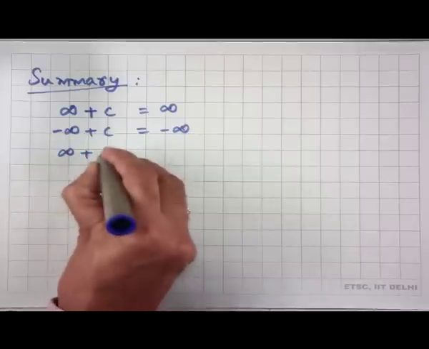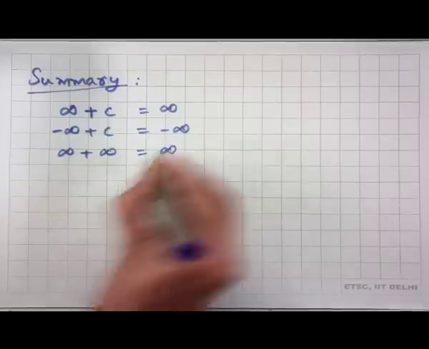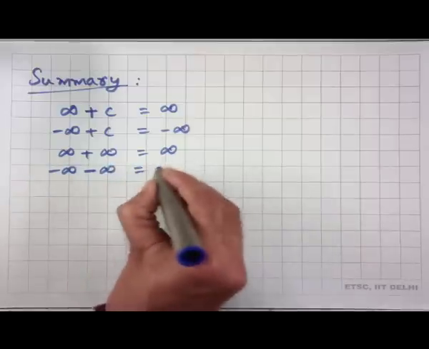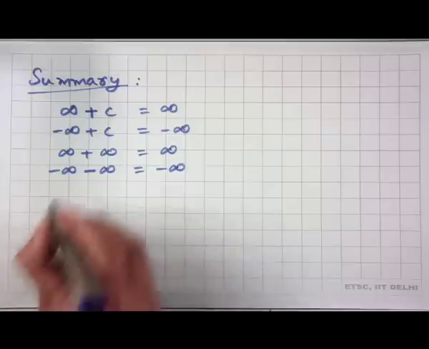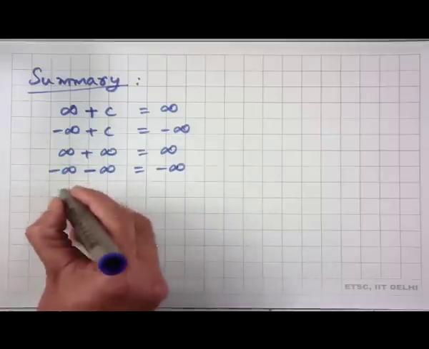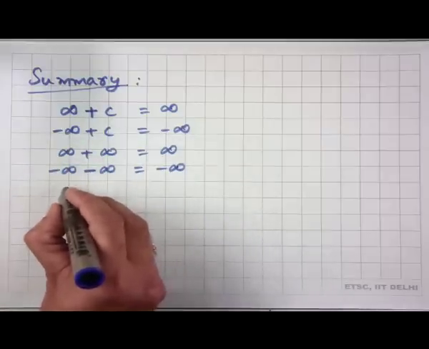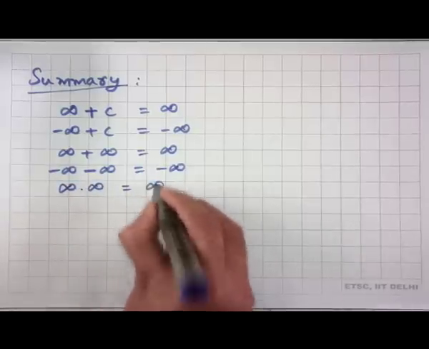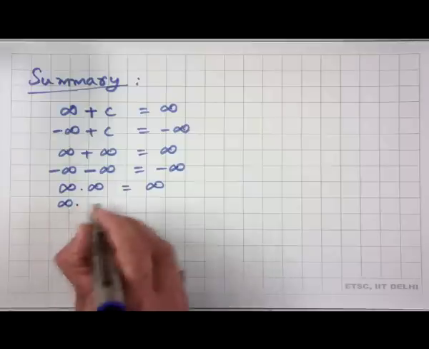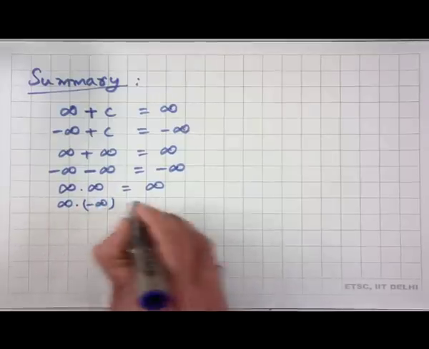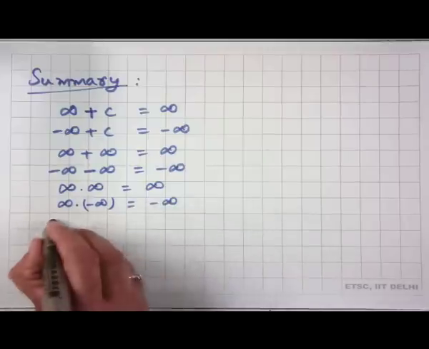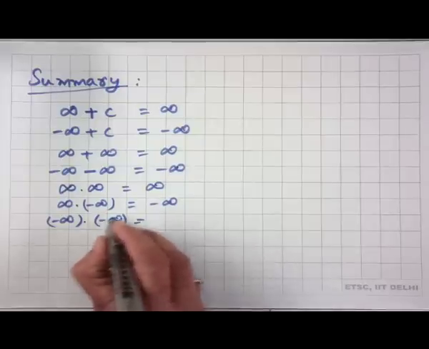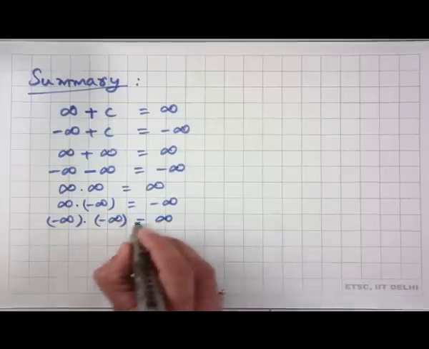Infinity plus infinity gives infinity, minus infinity plus minus infinity gives minus infinity, and if I have infinity times infinity, this is equal to infinity, infinity times minus infinity is minus infinity, minus infinity times minus infinity is equal to infinity.